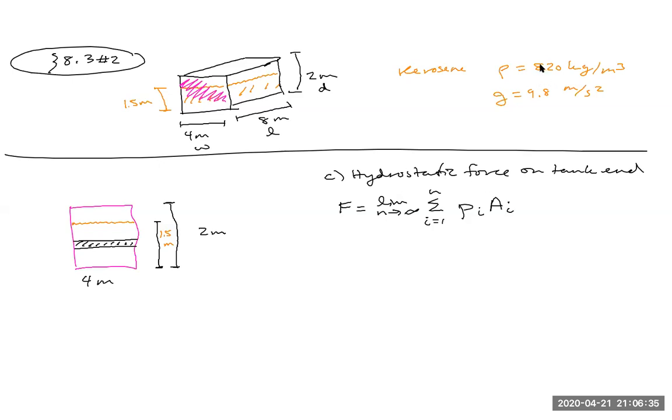So for the pressure, P sub i, remember that's going to be rho g times your depth at the ith strip. And for your area, the area of the ith strip is going to be your width w_i, which is right here, times delta, and this part depends on whichever variable you use. I'm going to use y.